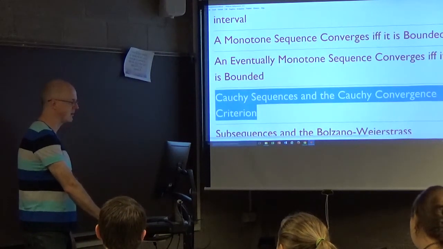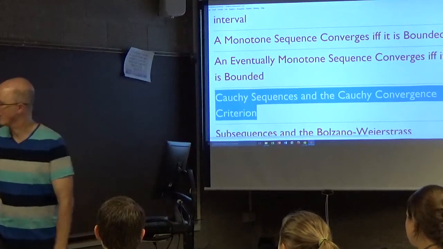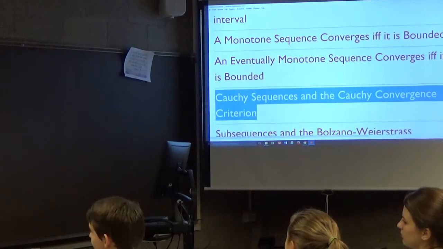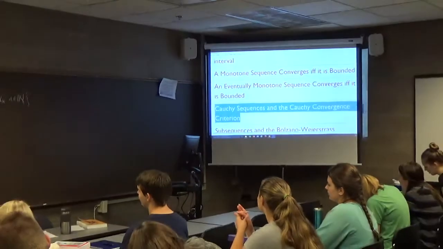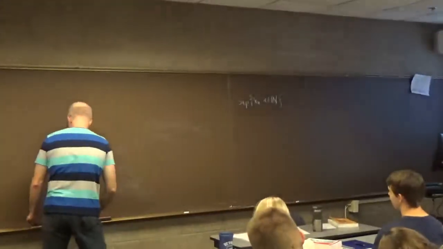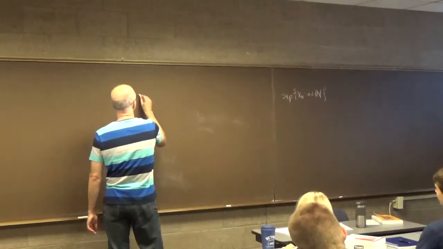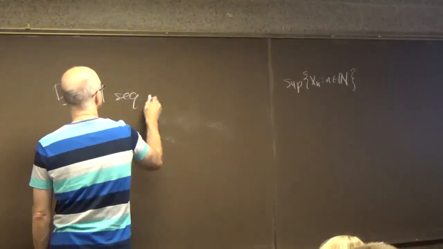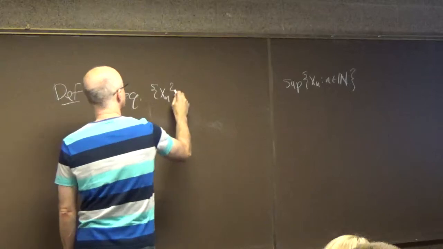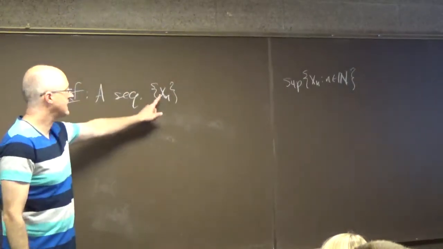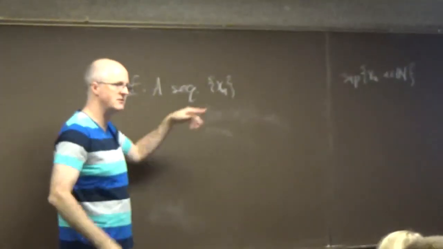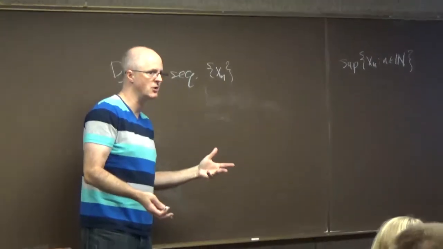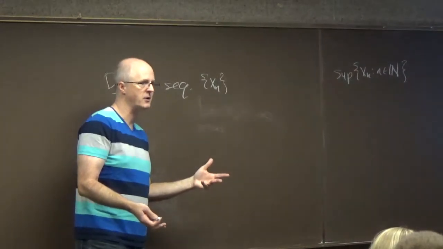Cauchy sequences and the Cauchy convergence criterion. Let's write up the definition of a Cauchy sequence again. A sequence {xn}, and again, our book uses the curly braces to refer to the whole sequence, and you should too. Don't just write xn without the curly braces.